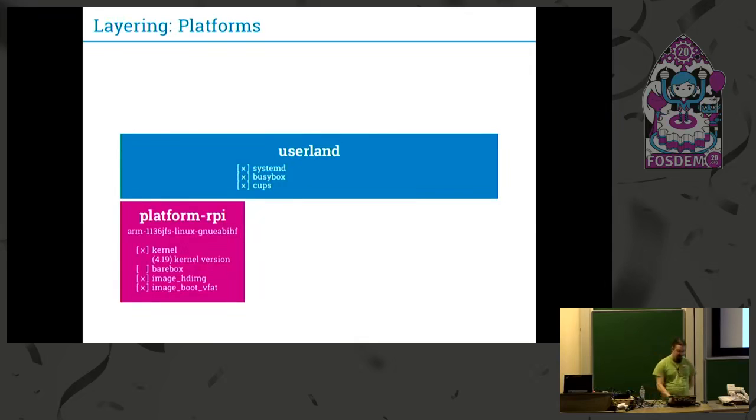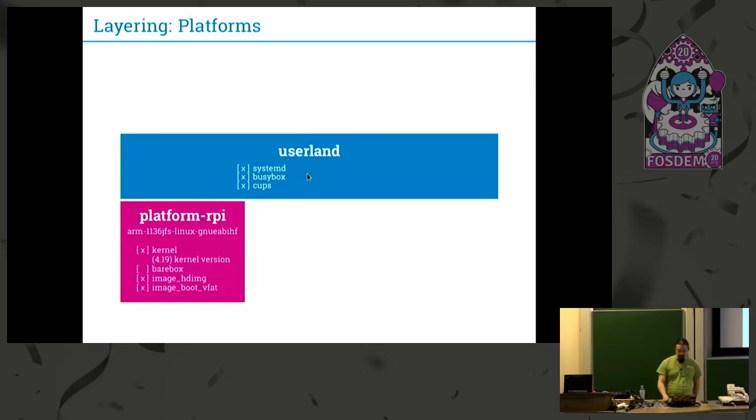So I have a kernel with a version 4.19. I built an HD image for it, and the Raspberry Pi needs a boot partition for the bootloader. So I enable this, and because it already has a bootloader internally, I don't build a barebox for it. And in the userland, in this example, I built a systemd, a busybox, and a cups.